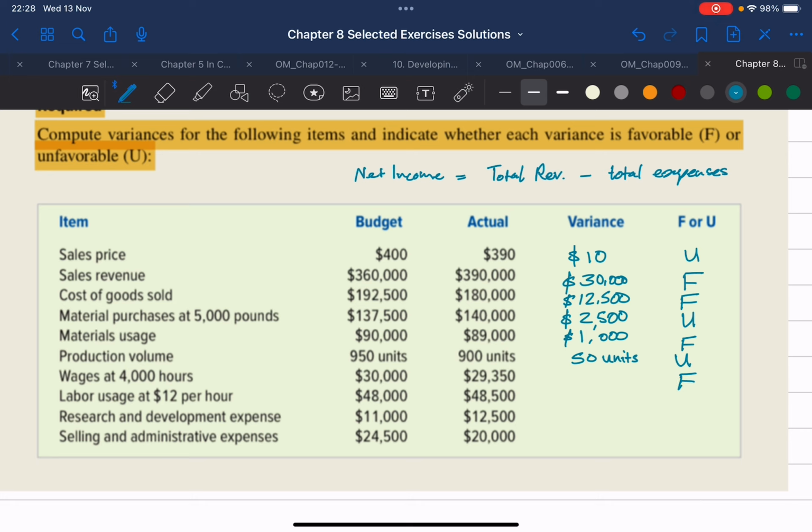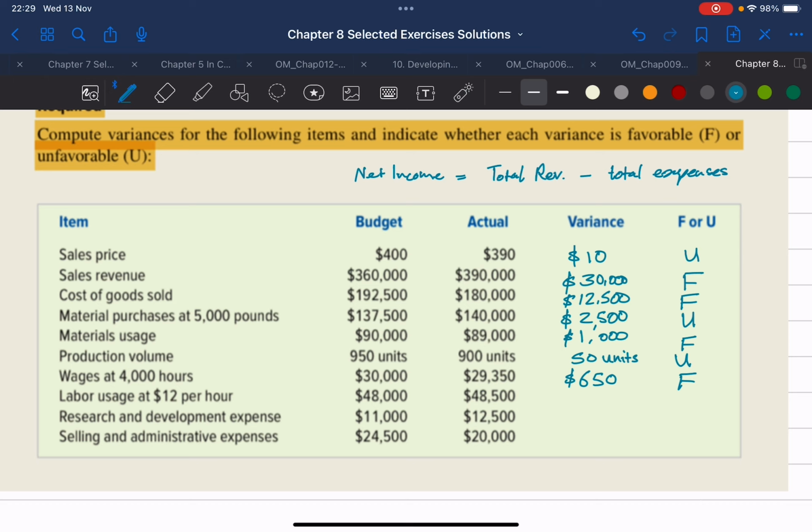So we'll write F, and the difference is 30,000 minus 29,350. I know it's simple numbers. I can calculate them in my head, but most of the time I would recommend to just be careful and make sure you use your calculator, since you are allowed to use your calculator in the exam, just to be on the safe side and not rush into conclusions and make simple errors like these and lose marks.